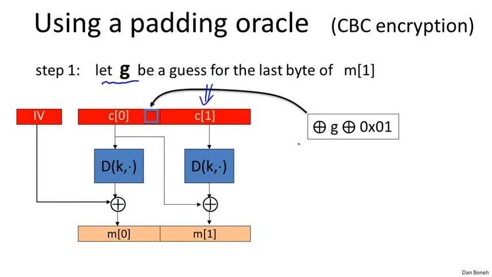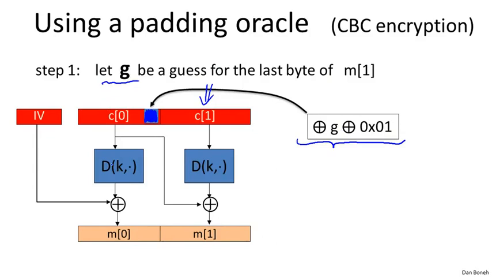He will XOR the value G XOR 01 into the last byte of the block C0, the previous block. All he did is take the last byte of the previous block and XOR that with his guess XOR 01. Now let's think for just a second and see what happens when this two-block ciphertext is decrypted. Well, C0 is going to get decrypted to whatever it's decrypted to. That's just going to be some garbage that we don't care about.